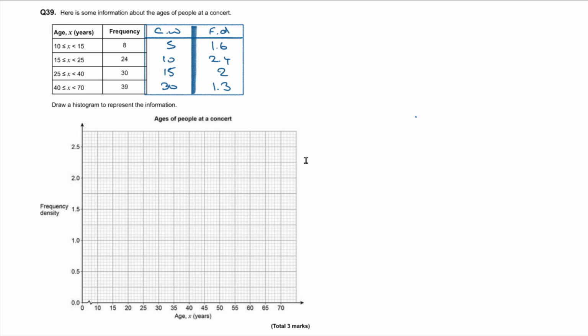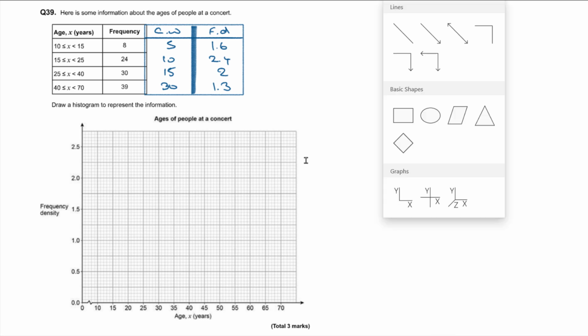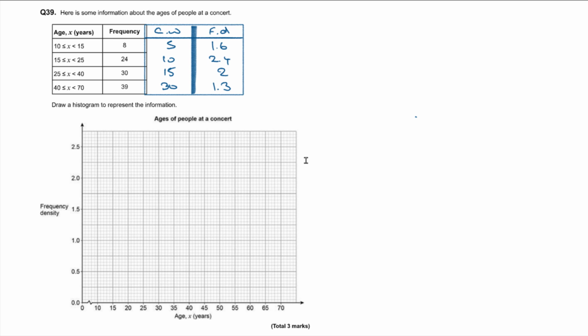Can go ahead and start drawing them now, or cheating and getting the computer to draw nice boxes for me. Right, so the first box goes from 10 to 15 and has a height of 1.6. This computer's so bad at drawing these boxes. I think I've got that scale wrong. There are actually 10 divisions between, I thought that was 1 and 2 when I drew it. So 1.6, that's not right, is it?